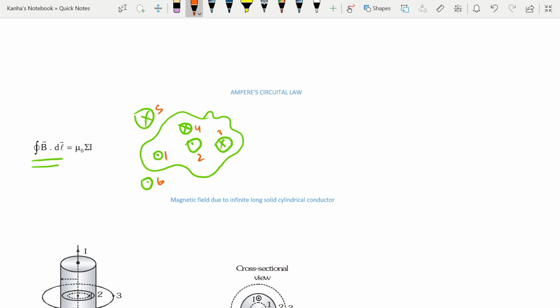When I apply this law, the only currents that I need to care about are the ones inside the loop. So only 1, 4, 2 and 3 will contribute. 1 and 2 will be in the up direction and 3 and 4 will be in the downward direction. So when you take the summation, you need to take the summation with signs in place.